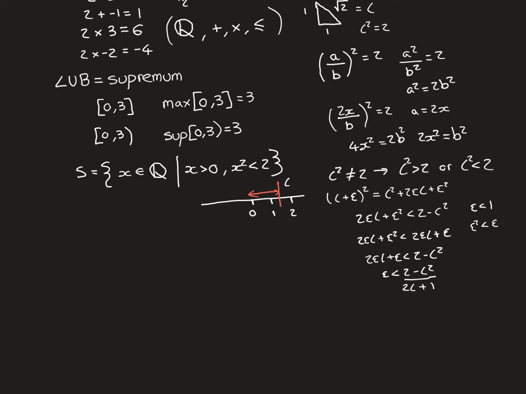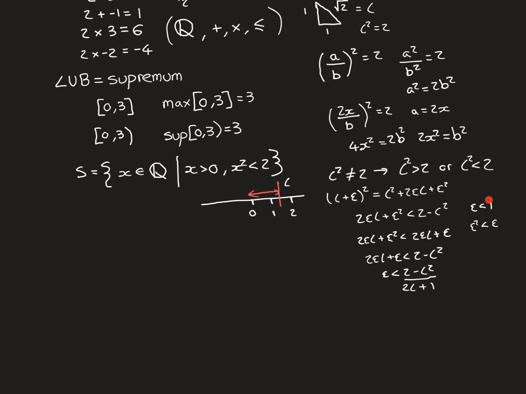Now, how do we do this? Well, we use a trick that we use all the time in analysis. So actually, this is really important to get your head around because we'll use this trick at other points in analysis. If we think about this epsilon, it's a rational number, it's going to be greater than 0.